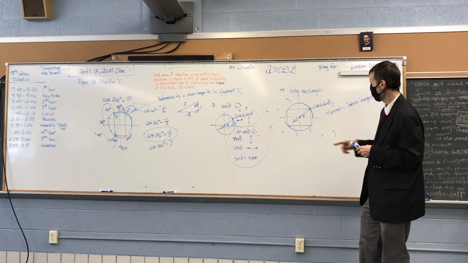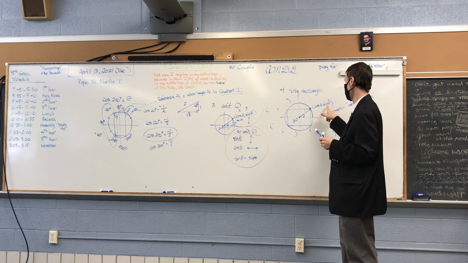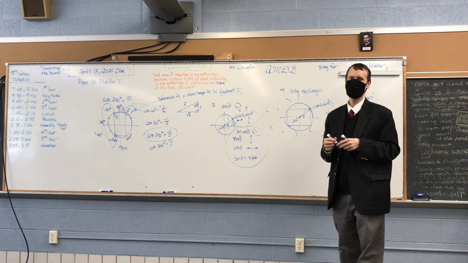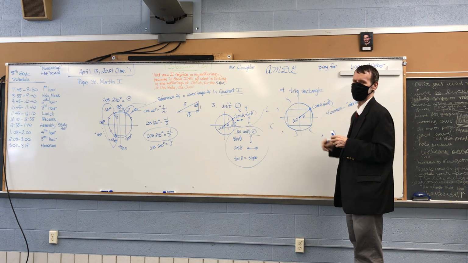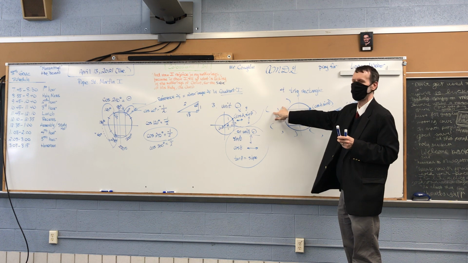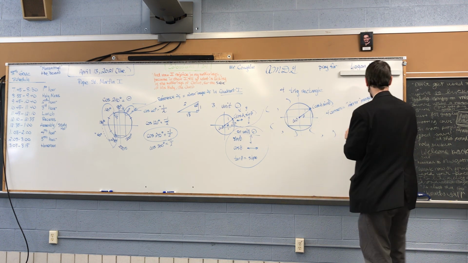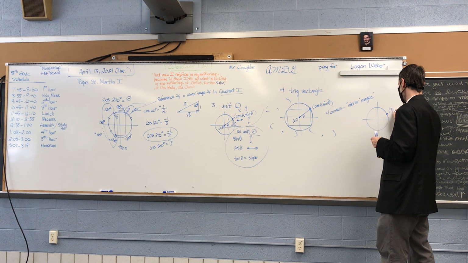Now, let's just say this was like 2 comma 3. It isn't, but pretend it's 2 comma 3. Where would this be? Let's just try that. This is not a unit circle, it's bigger than a unit circle. But let's just say there's a point of, actually, 3 comma 2.